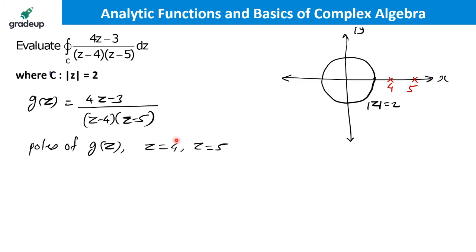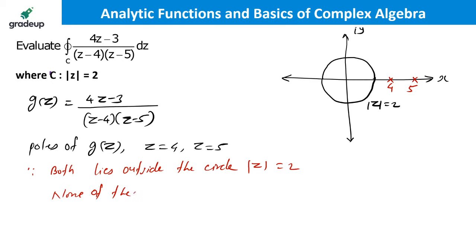Since both of the poles are lying outside the circle, mod z equal to 2, none of them is a singular point. It means g of z is completely analytic.